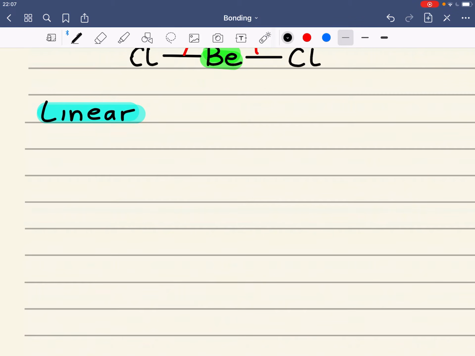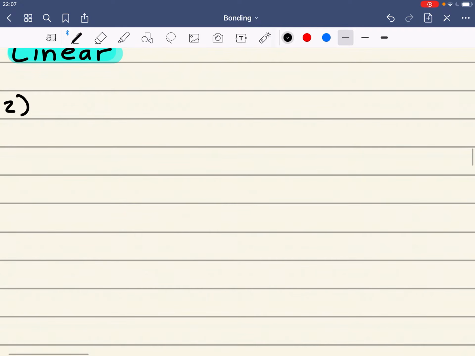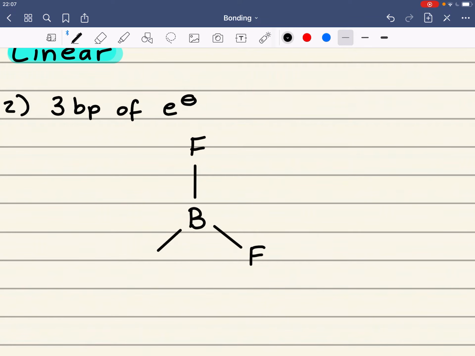The second of my basic shapes would involve 3 bonding pairs of electrons around a central atom. In this instance, my central atom is boron, and we've got 3 bonding pairs around the central atom, and the example is BF3. So that's my central atom, and I've got 1, 2, 3 bonding pairs around it.